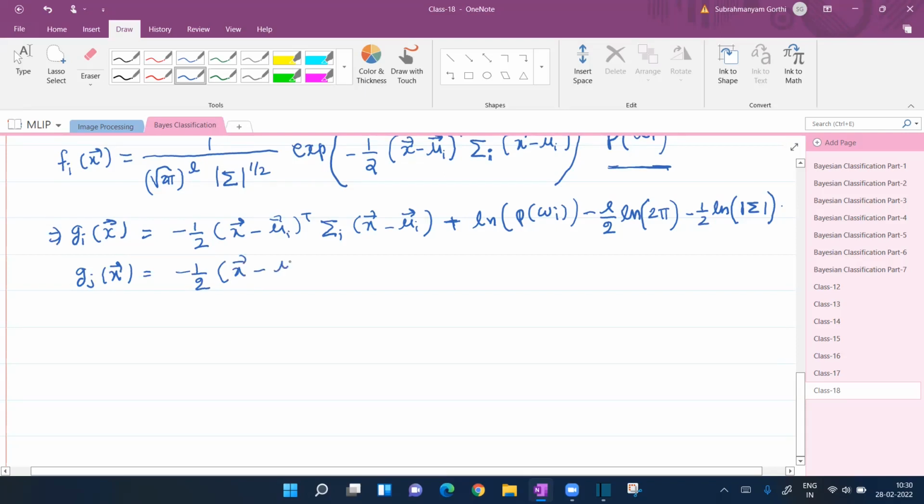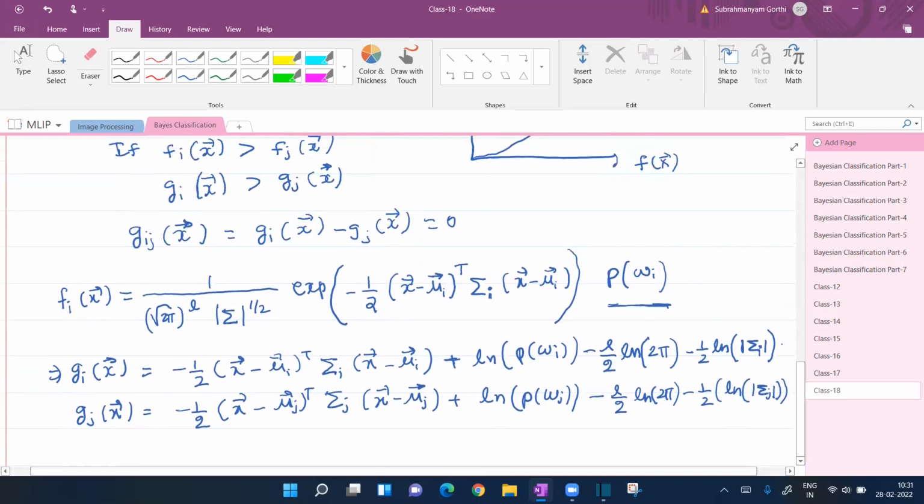X bar minus mu j bar whole transpose covariance matrix of the jth class, x bar minus mean vector for the jth class, plus the logarithm of the prior probability of the jth class, minus L by 2 into logarithm of 2 pi, minus 1 by 2 into natural logarithm of the covariance matrix determinant of the jth class. Here I should have written jth class there.